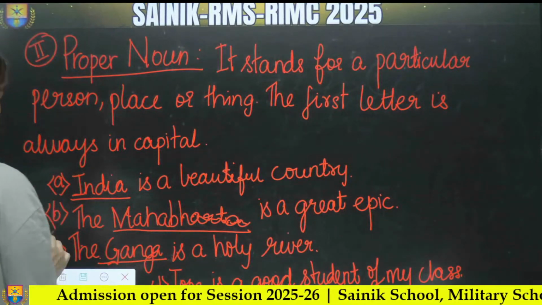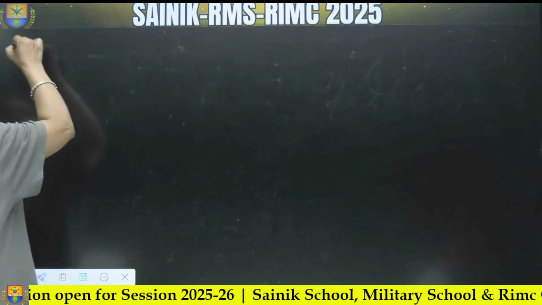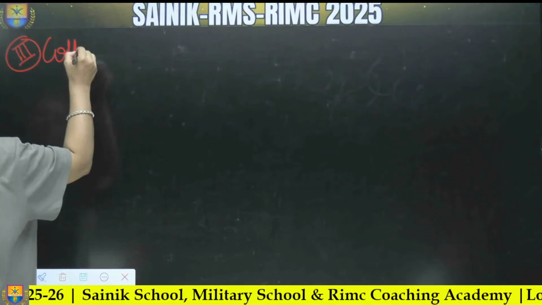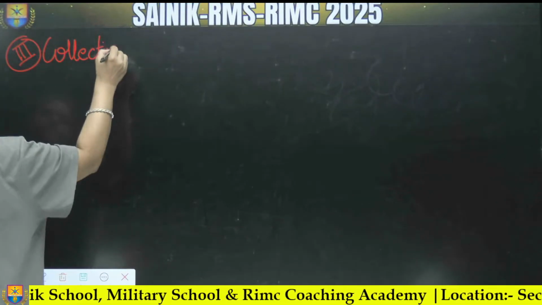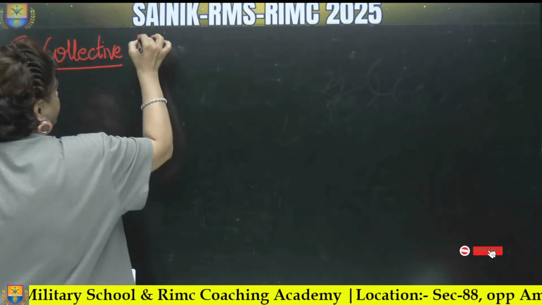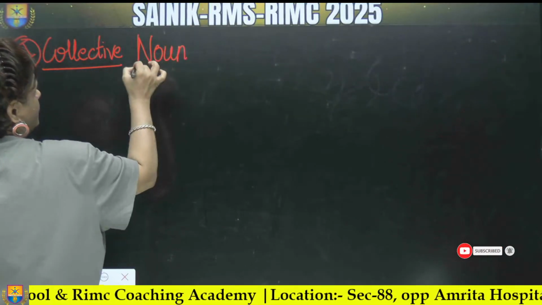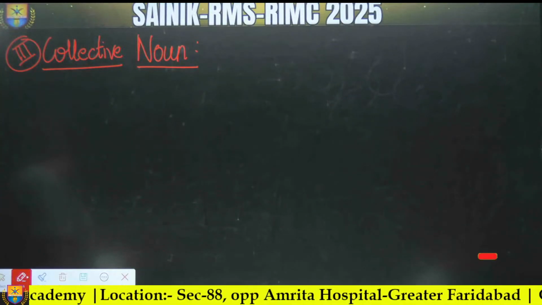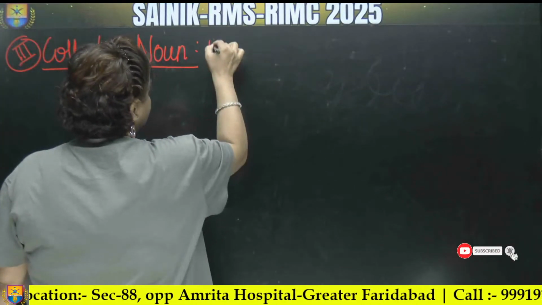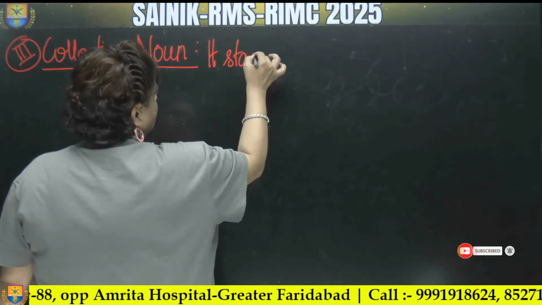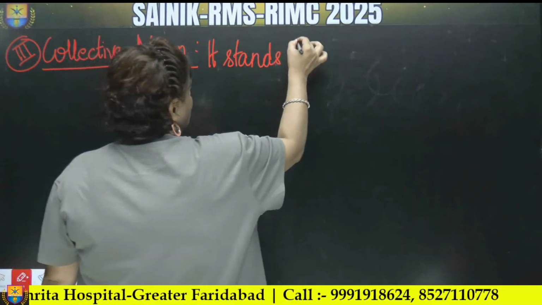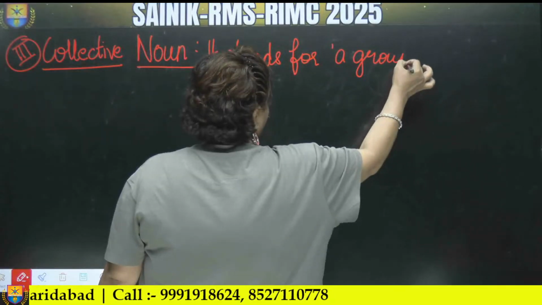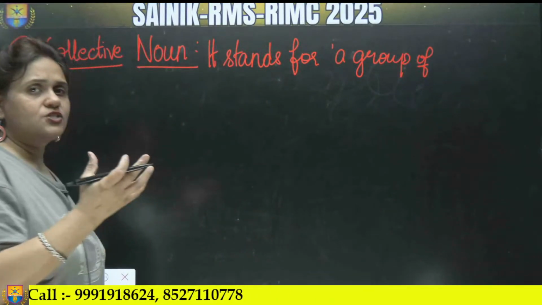Now let us go to the third. The third kind of noun is collective noun. Now what do you understand by the word collective? It stands for a group of, so it is together.